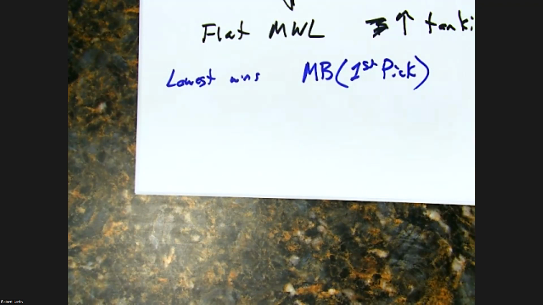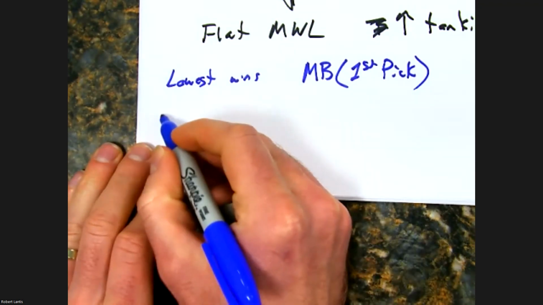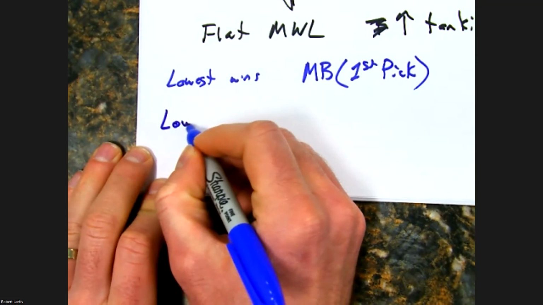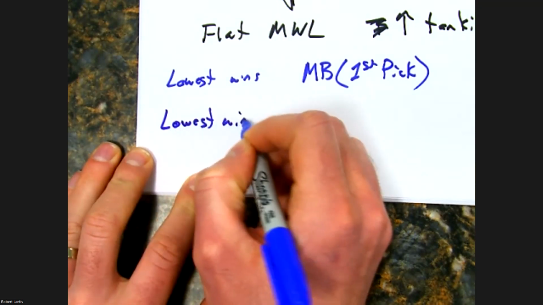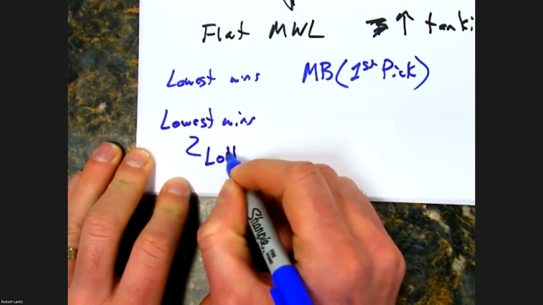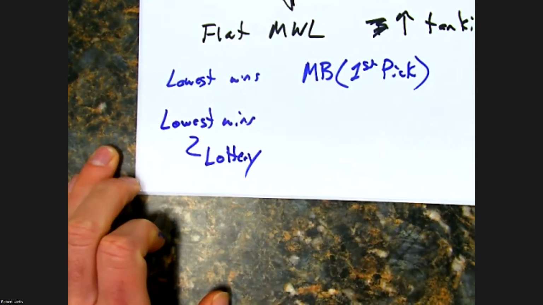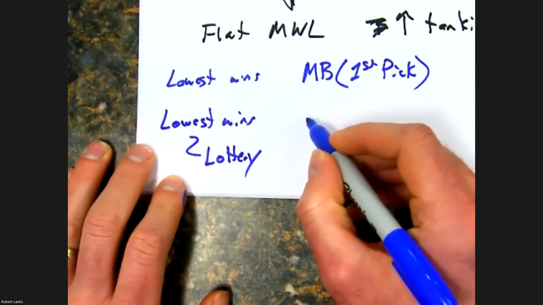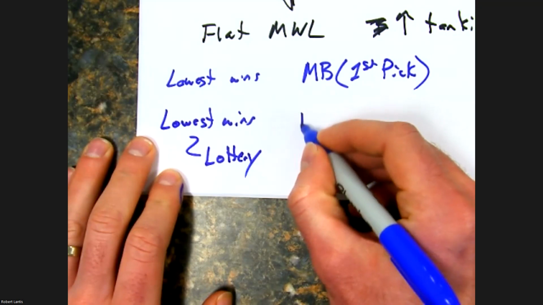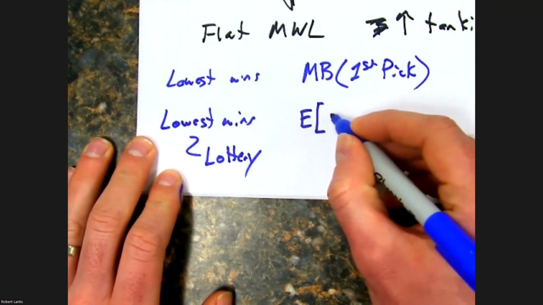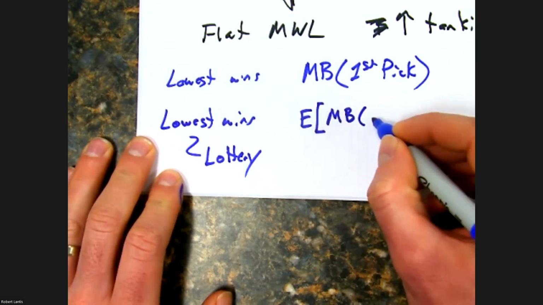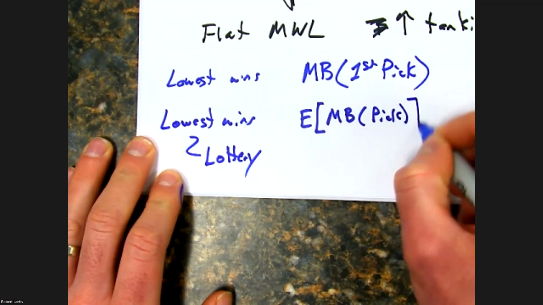would add, right? If I then go to the NBA and I have the lowest number of wins, but I now have this lottery system, well, what's that going to do? It's going to take it so I have an expectation of the marginal benefit of whatever pick I get.